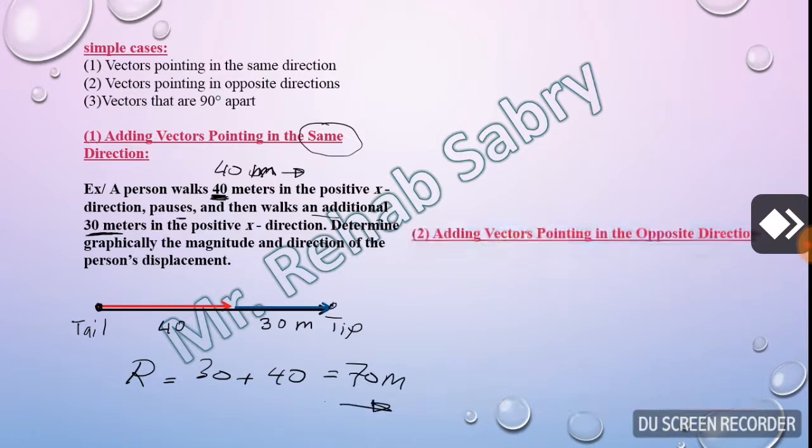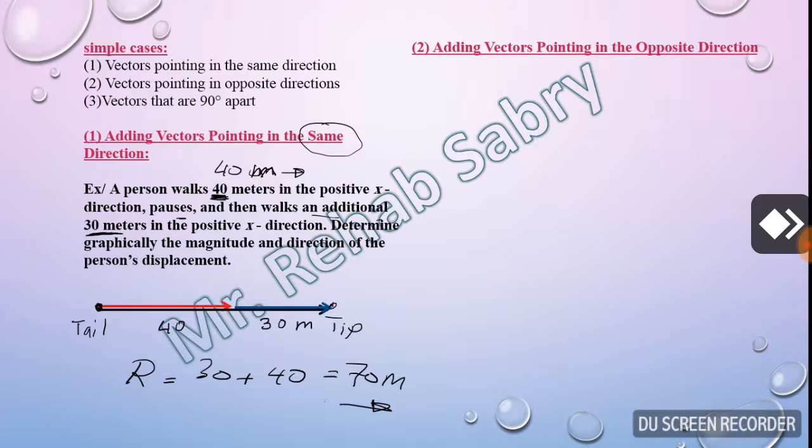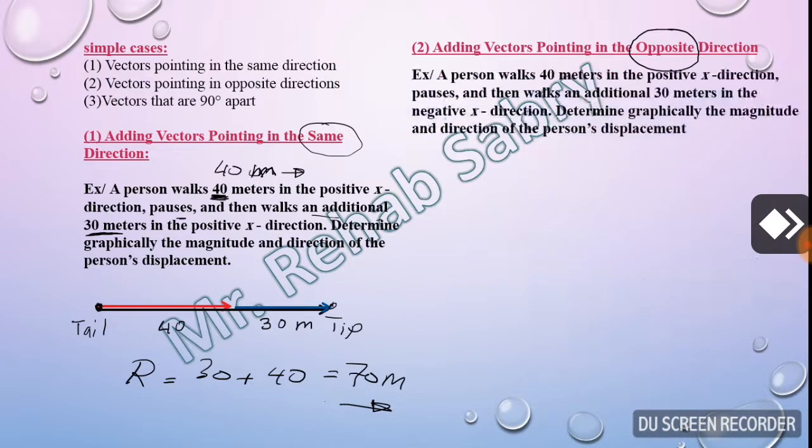You get the idea? Well, let's talk about the second case, where the two vectors are pointing in opposite directions. So this is 40 meters in the positive x direction and 30 meters, but in the negative x direction.